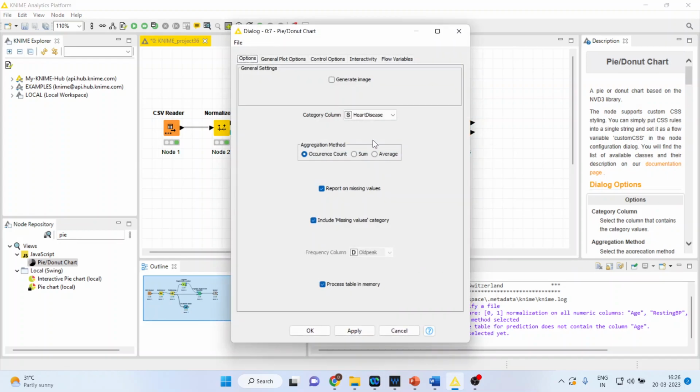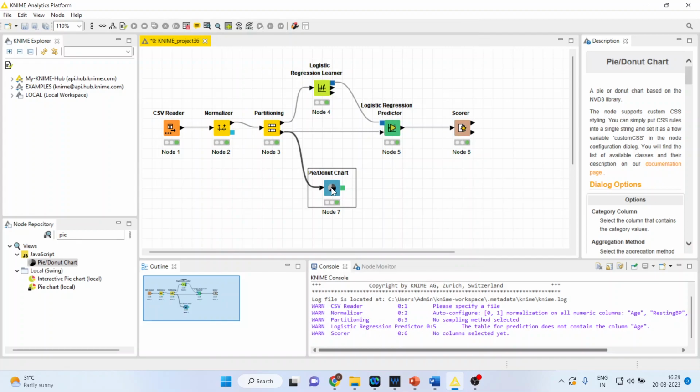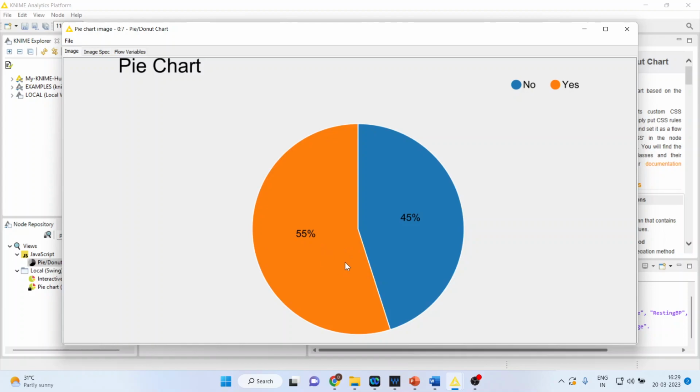First of all, configure heart disease, yes or no. Make sure occurrence count is on. You will activate heart disease and make sure generate image is also on. In generate plot options, activate the percentage here. Click OK. Right click on it. Again, execute and see the pie chart image. You will get 55% patients are having heart disease, yes, and 45% are not having it. Right, so this is the raw data.